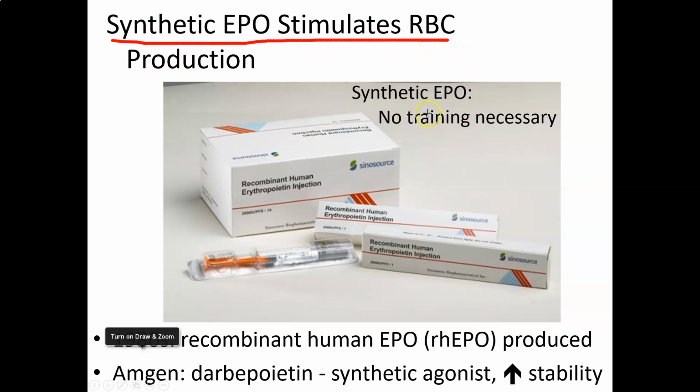We could give that to patients that were undergoing chemotherapy where we knew they were going to become anemic, or people that had severe anemia and things like that. So what happened, though, is athletes figured that, hey, if I take this synthetic erythropoietin as an injectable, then I don't have to train at altitude, right? No training necessary. And I can make more red blood cells to compete better.